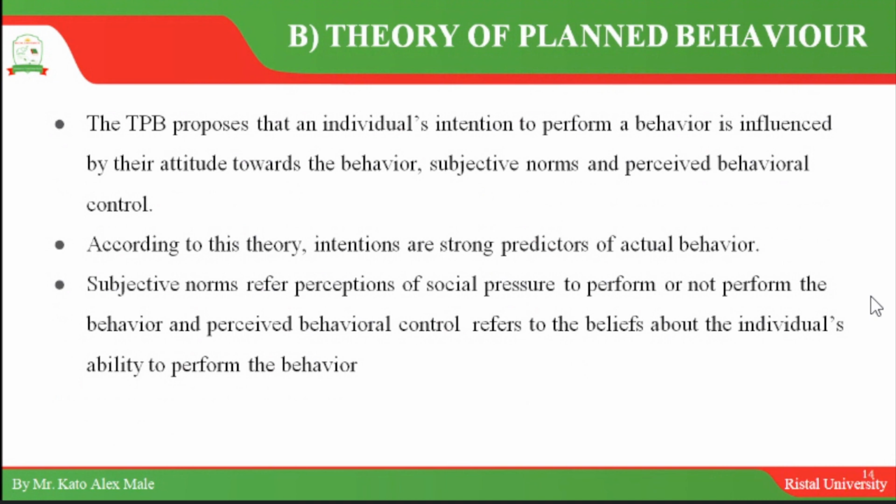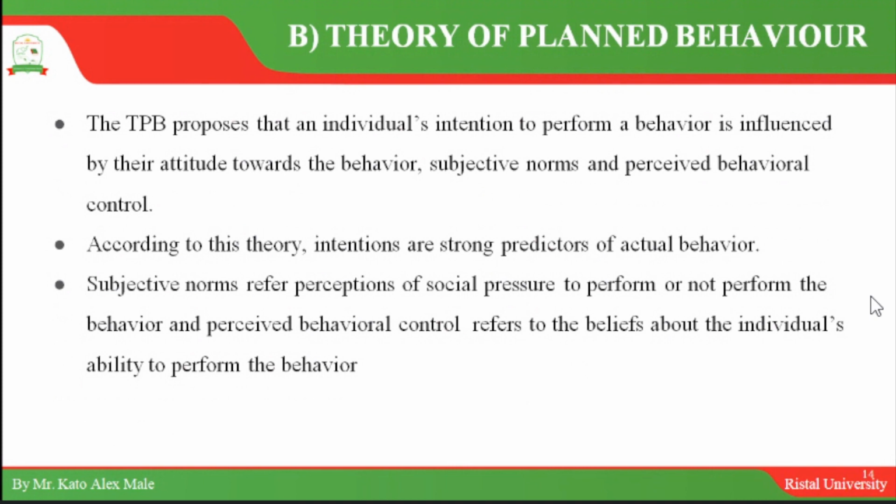This theory proposes that behavior is influenced by individuals' attitude towards behavior and towards subjective norms. Subjective norms refer to their perceptions of social pressure to perform or not to perform a behavior. Social pressure, individuals around them.